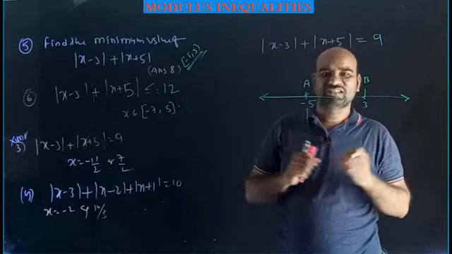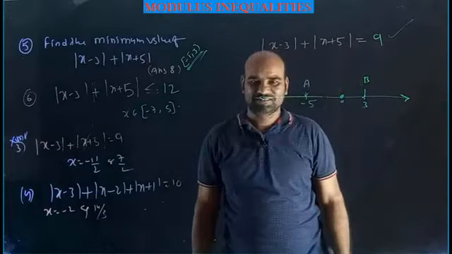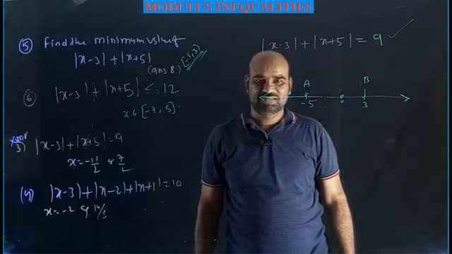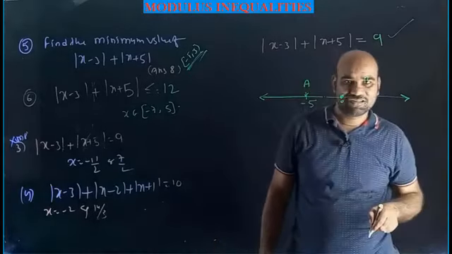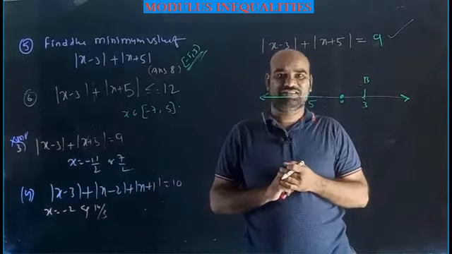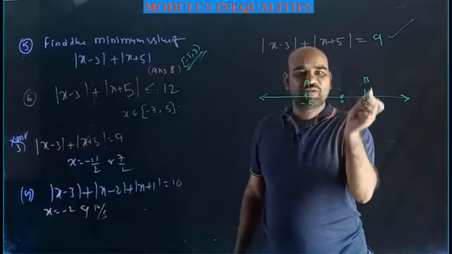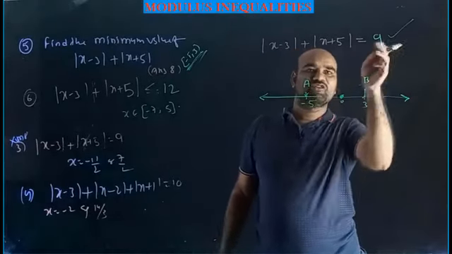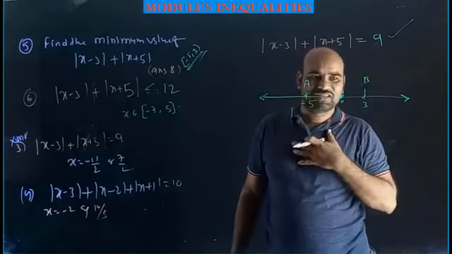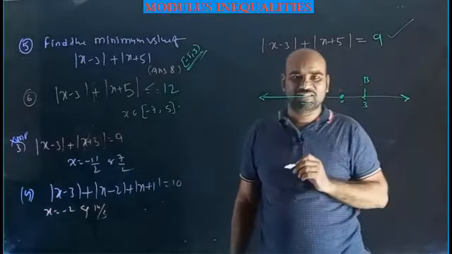They want to meet each other so that the sum of the distance traveled by them should be 9. If they meet at A, the distance becomes 8, but you want 9. That is not the correct answer. If they meet at B, or any point between minus 5 to 3, we won't get 9.